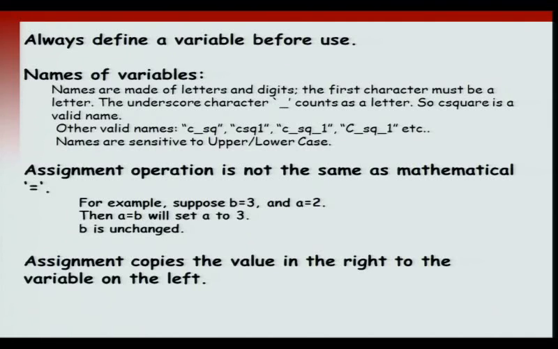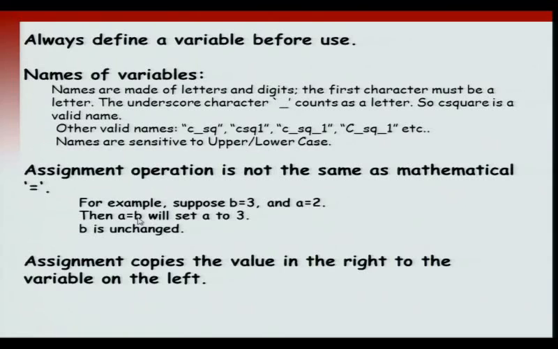B's value is 3 and that value will be copied to A. So, it will set A to 3 and B will be unchanged. Okay. So, watch out for this. The meaning of the symbol equal to is that take the value on the right hand side of the expression and copy that into the box specified by the left side. Okay. So, copy the value on the right hand side to the variable on the left.